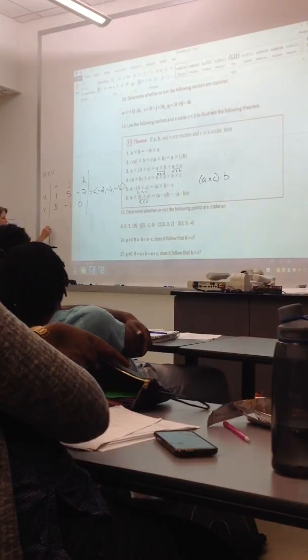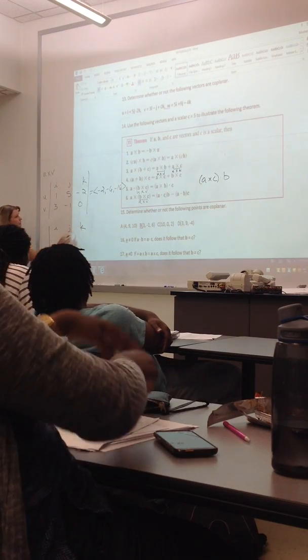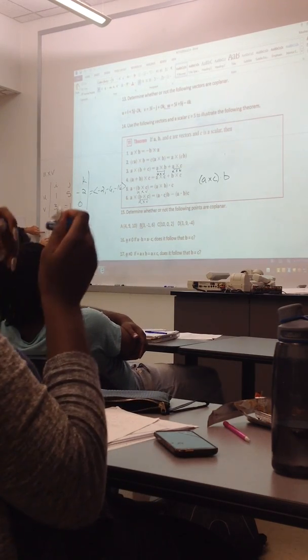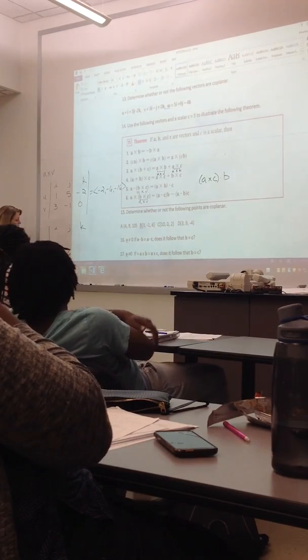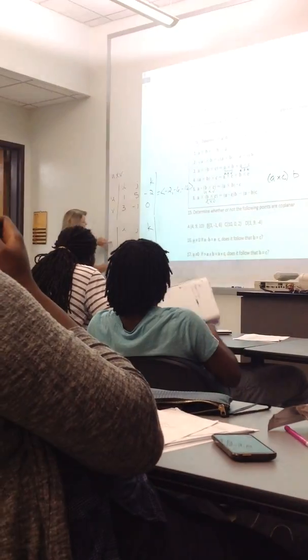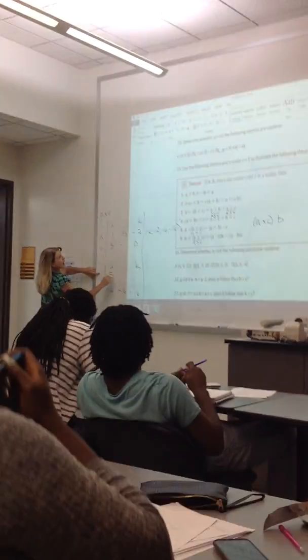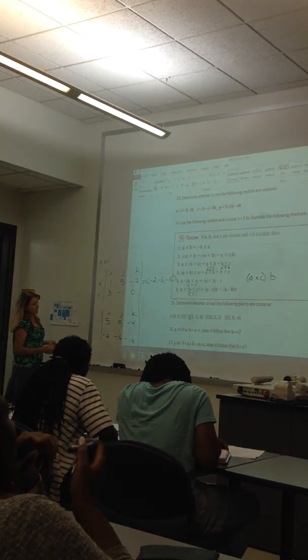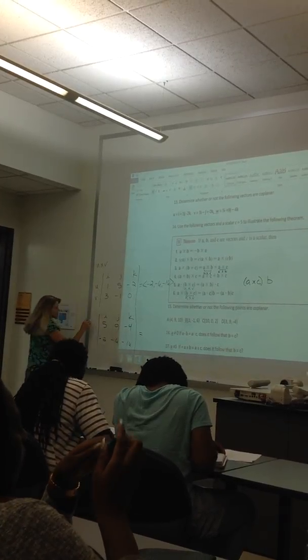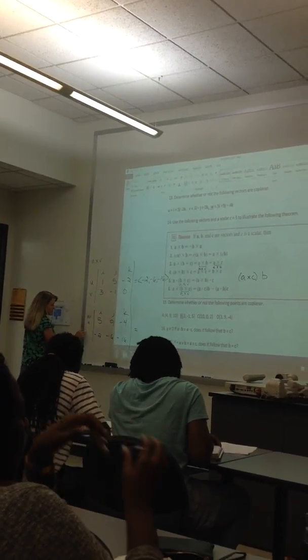So let's do that. u cross b is -2, -6, -16. w is 5, 9, -4. So I'm crossing w with u cross b.